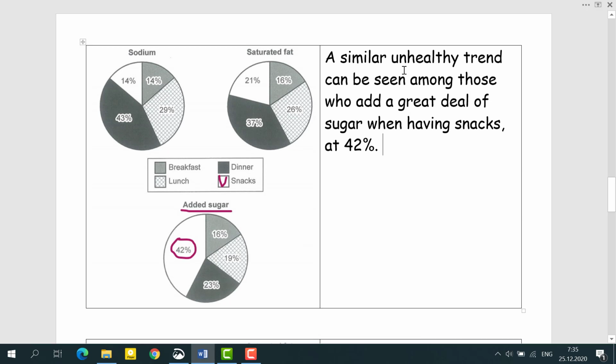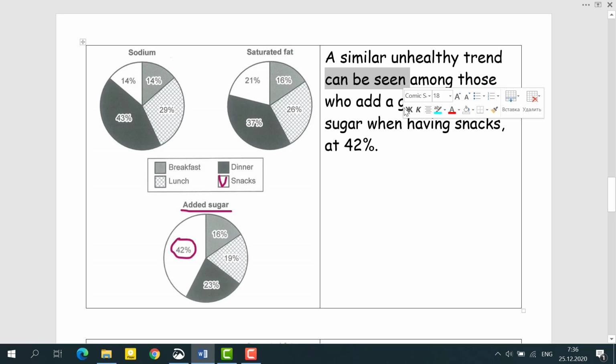A similar unhealthy trend can be seen among those who add a great deal of sugar when having snacks at 42%. And here again, I'm focusing on a very large percentage. So a similar unhealthy trend. Healthy, unhealthy, which means not healthy trend, can be seen.